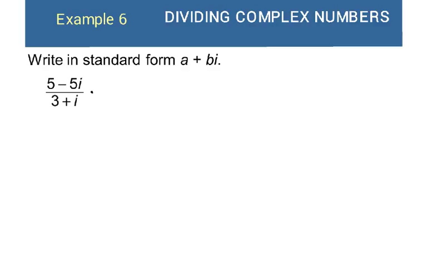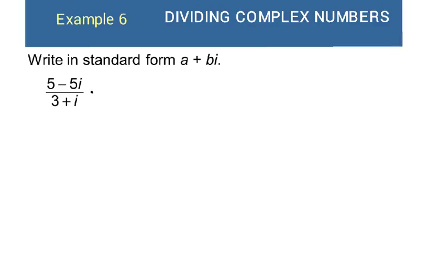What we're going to be doing is getting the imaginary number out of the denominator. And if we multiply both numerator and denominator by the conjugate of our 3 plus i, we'll end up with a real number inside our denominator. Okay, so that is what we're going to be doing here.